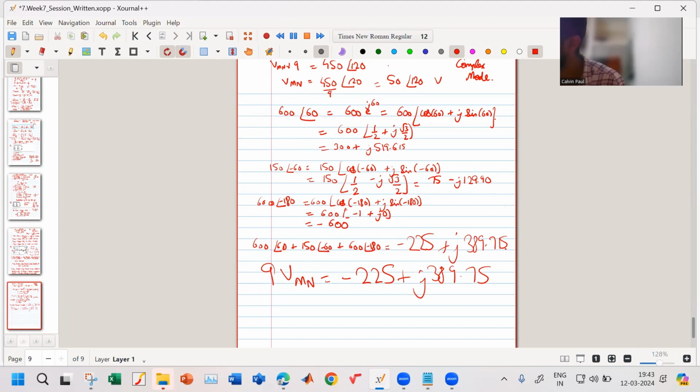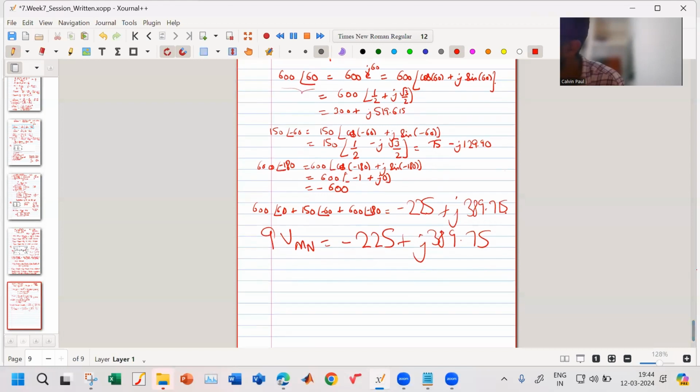If you want to convert it into this form, you have to find the polar representation.